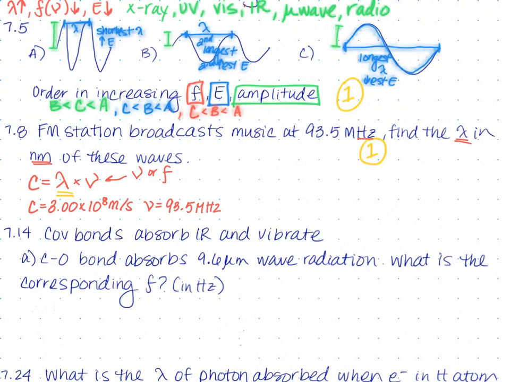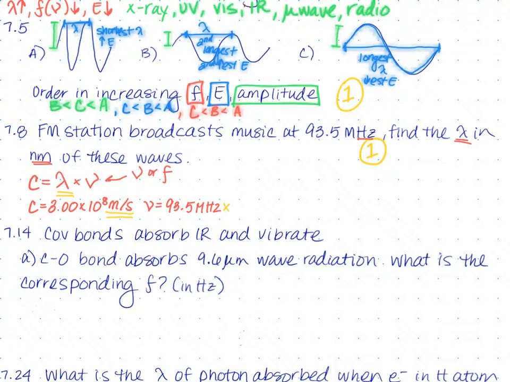I need to make sure the units match though. So notice that because the speed of light is in meters per second, and because a hertz equals second to the -1, I need to make sure to convert megahertz into hertz.